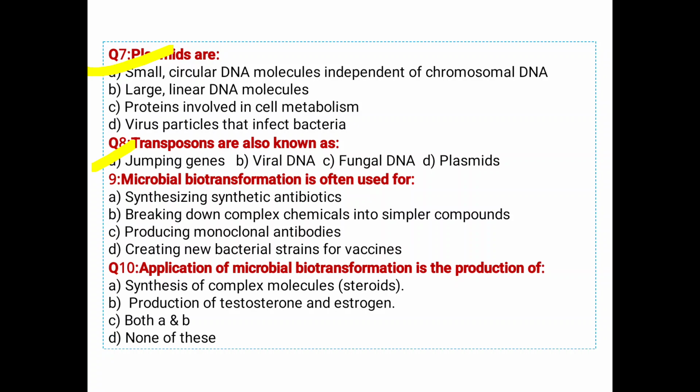Metabolism means conversion of one chemical form into another chemical form with the help of enzymes. Enzymes act as catalysts. So biotransformation is metabolism, converting complex to simple. So option B is the correct answer, breaking down complex chemicals into simple compounds.